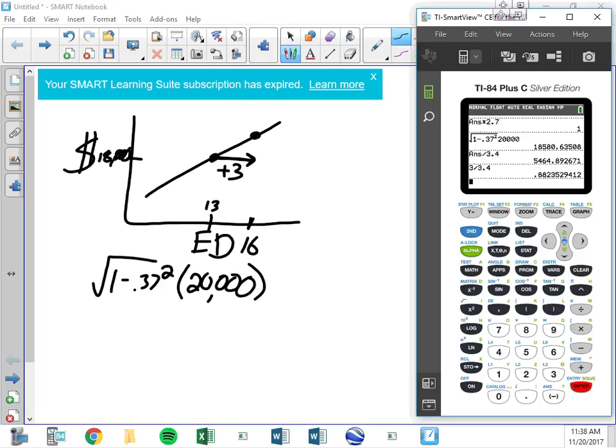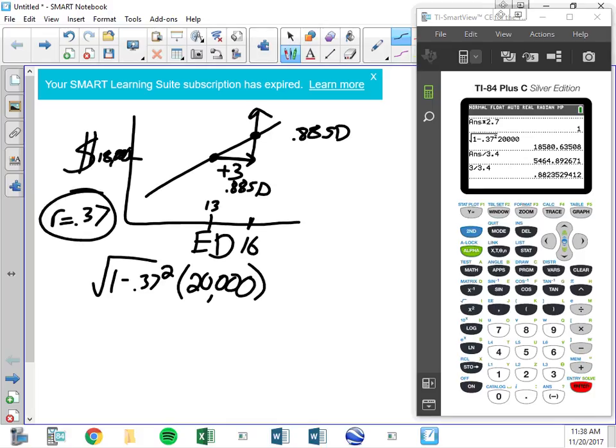But the R value is so terrible, we can't go up 0.88 SDs. We have to do 37% of that. So I multiply that by 0.37, and we're actually going to go up 0.32 SDs.